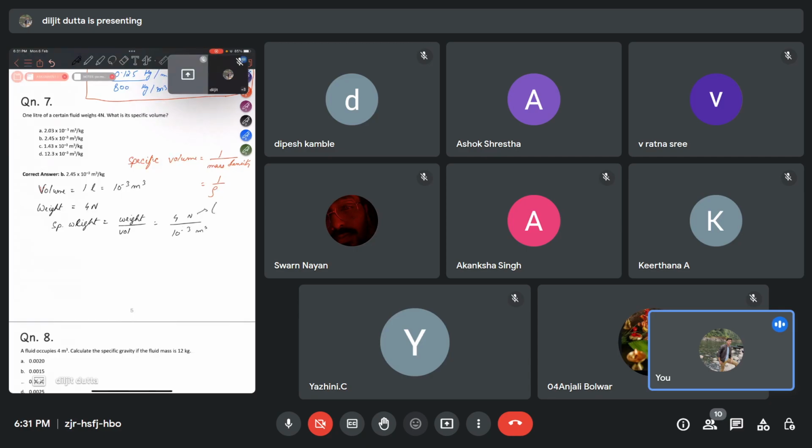And Newton, you know, is mass into acceleration, so kg meter per second square. These are all in the same units, so it will be 4000.